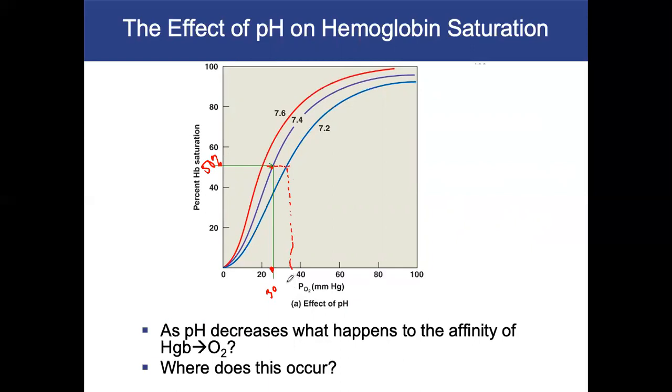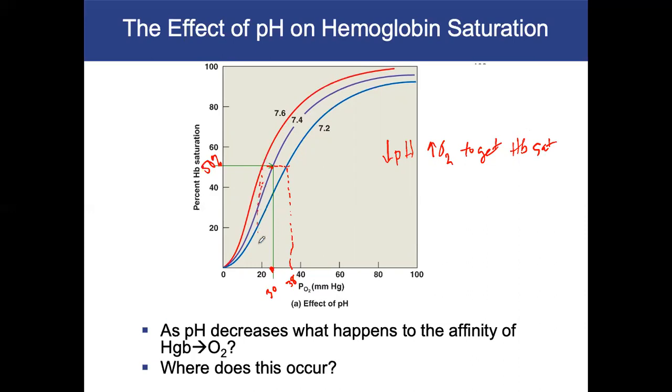We need more, okay? So if you drop pH, do you need more or less oxygen to get the same saturation? You need more O2 to get hemoglobin saturated, okay?